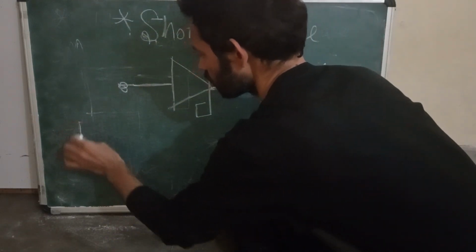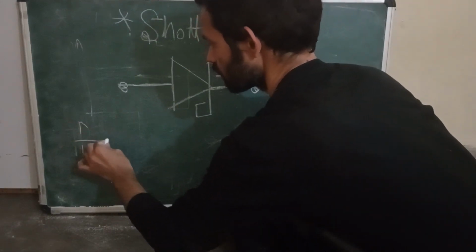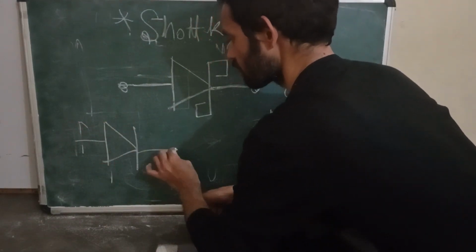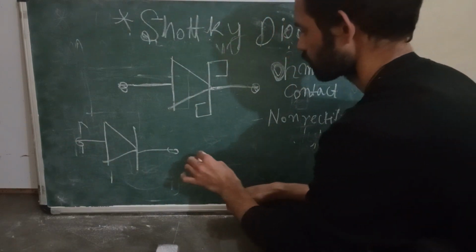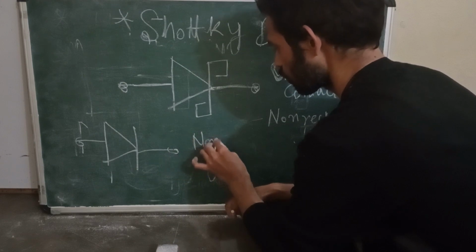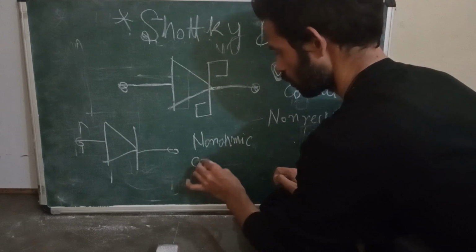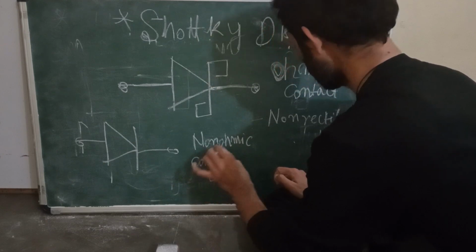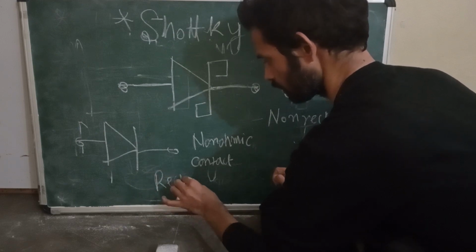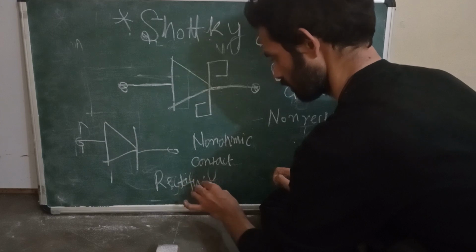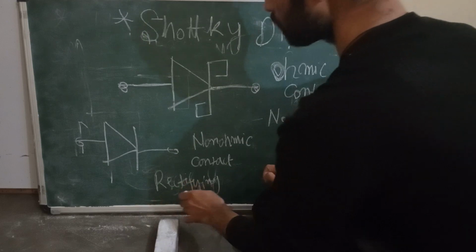And for the normal PN junction diode, here you will see non-ohmic contact, and it is rectifying type.